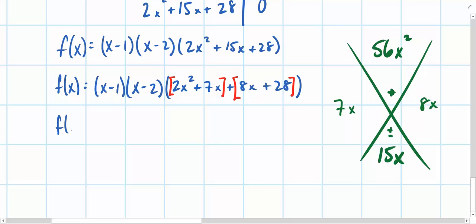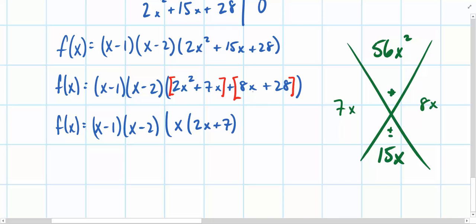So again, f of x equals x minus 1 times x minus 2. Our GCF here is simply an x. Now we have 2x plus 7. Our GCF here looks to be a 4, positive 4. That leaves us with a 2x plus 7, which is good because these two match.